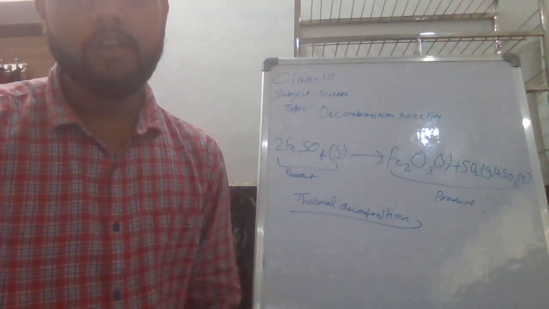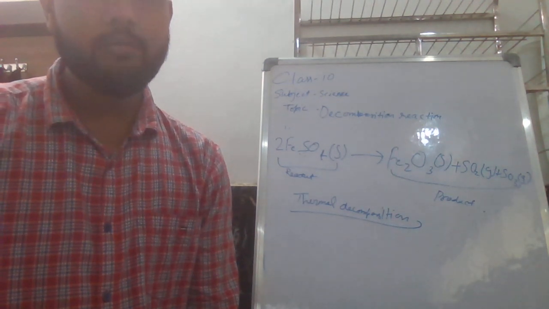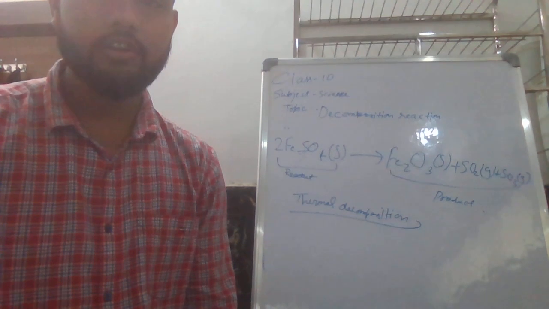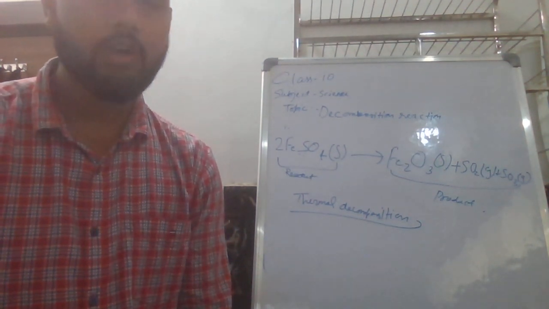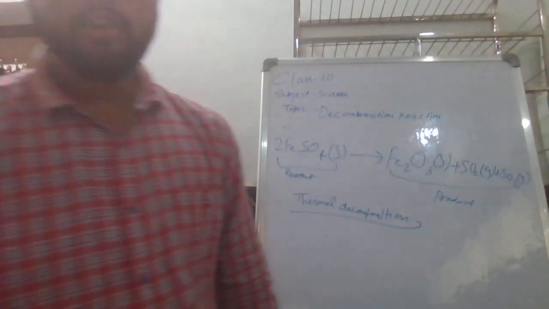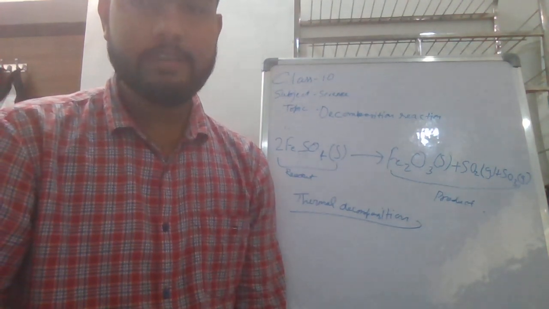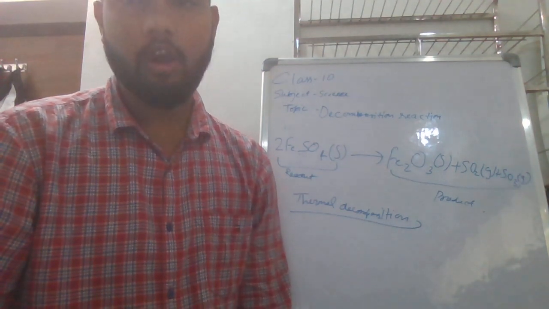Here there is one activity related to decomposition reaction. The activity is given in your notebook. Please read carefully and share your observation. Your observation will be that white silver chloride turns gray in light.